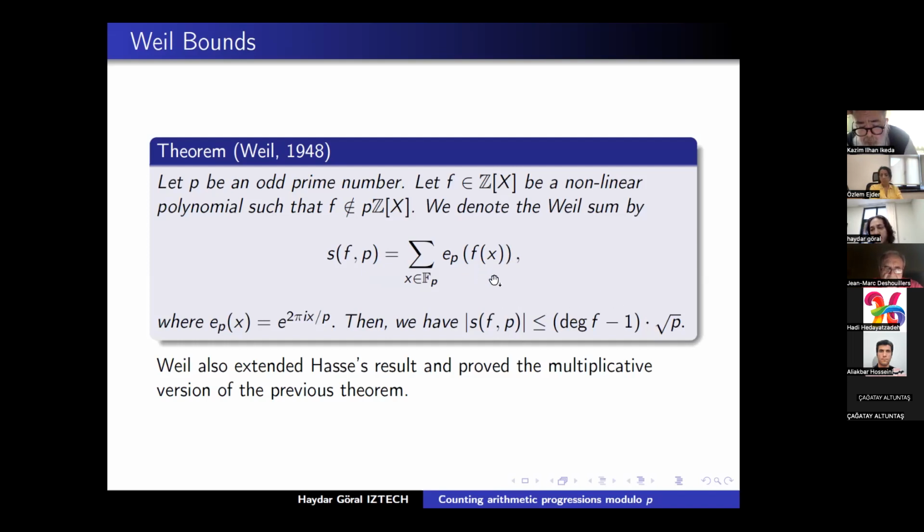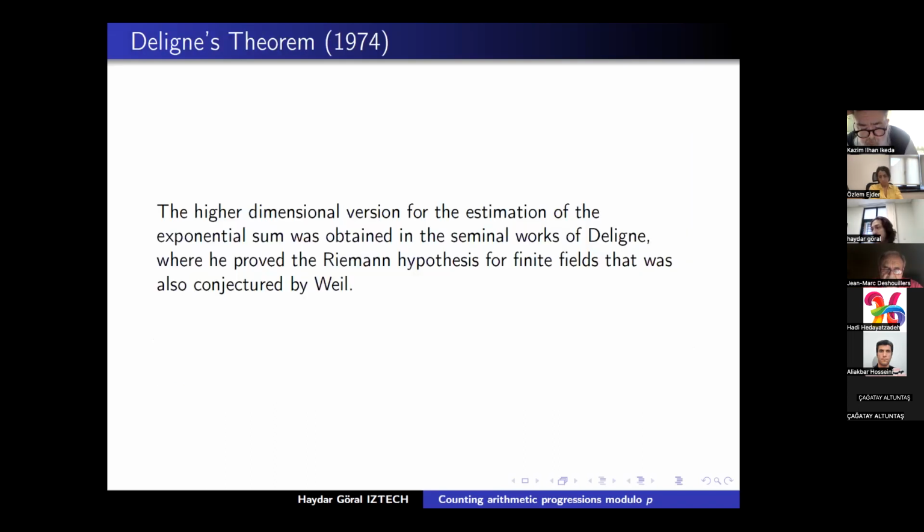So what about sums in more variables? This is achieved by the work of Deligne, who extended Weil's theorem, and also proved the Riemann hypothesis for finite fields. He solved the most difficult of the Weil conjectures.